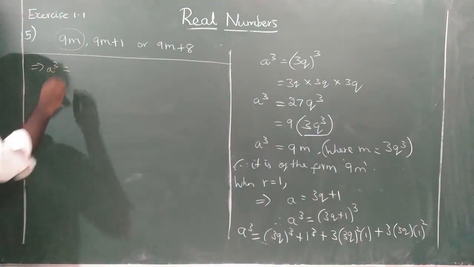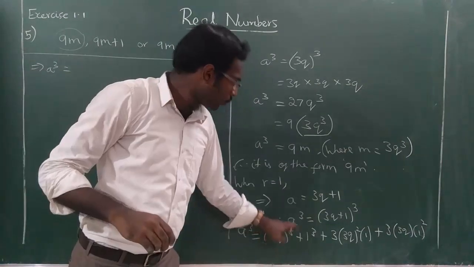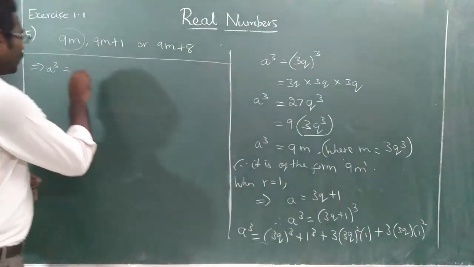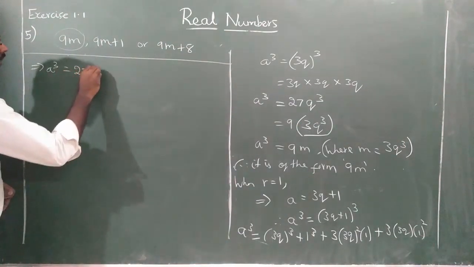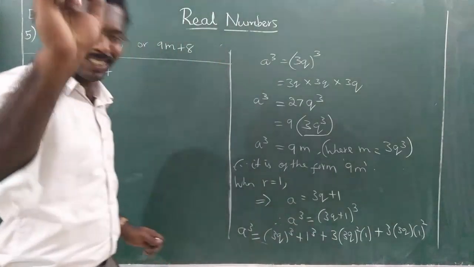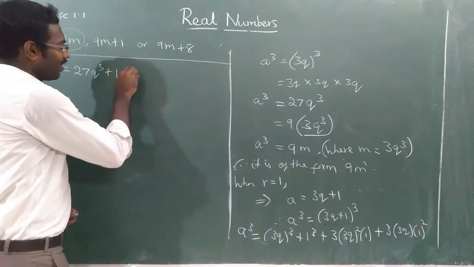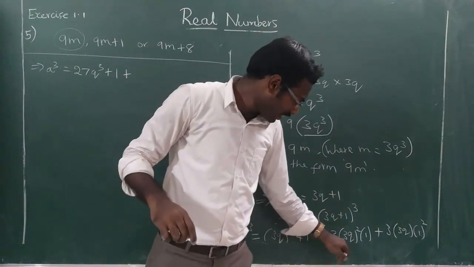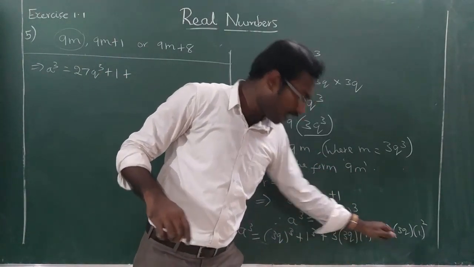a³ is equal to (3q)³. (3q)³ is nothing but 27q³, plus 1³. 1³ is 1. Okay, 1 to the power of anything is 1. Then plus 3 into (3q)² into 1.